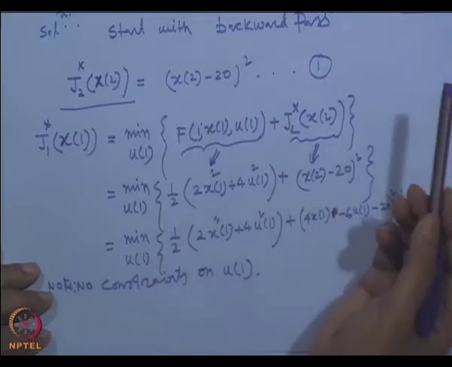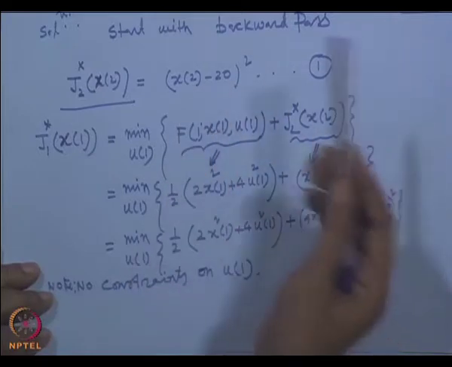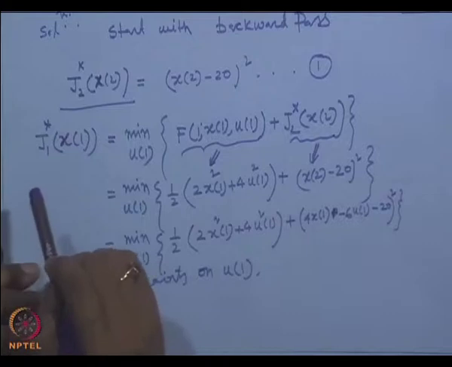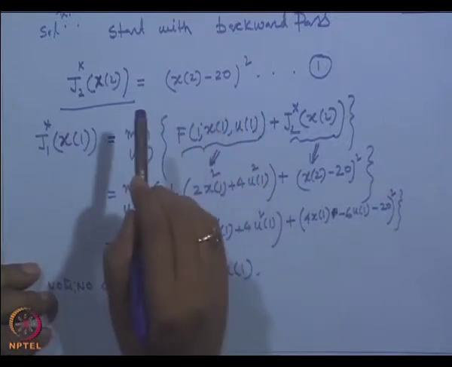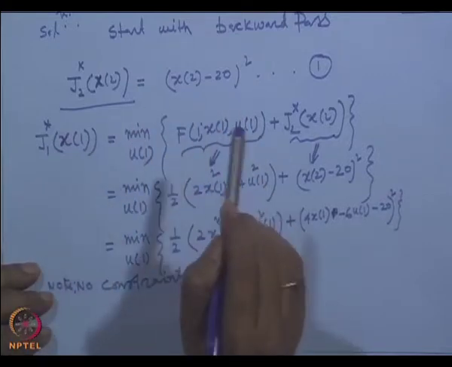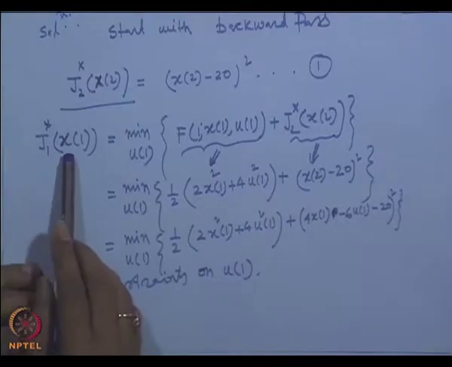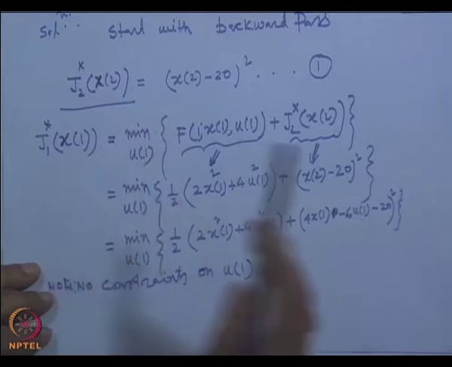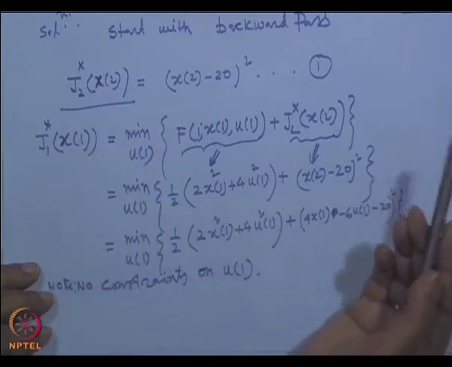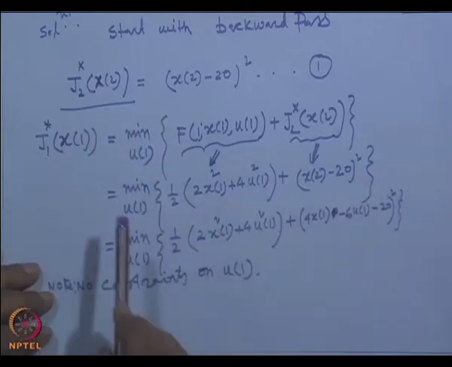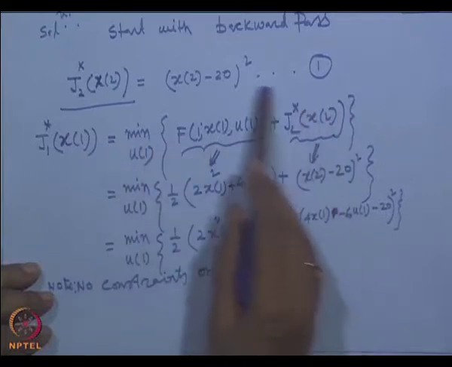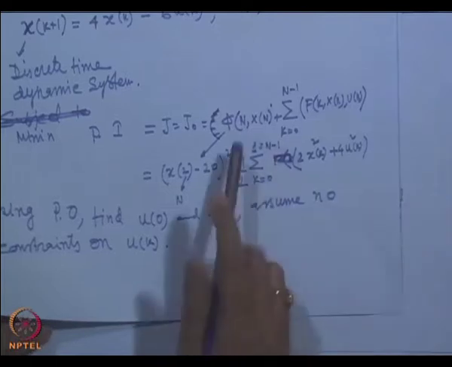From x 2 we move to the x of 1 state, and for that we have to find out what our control u of 1 should be. So, J of 1, the performance cost when moving from J 2 to J 1, is to minimize this performance index, and we write it from this expression.